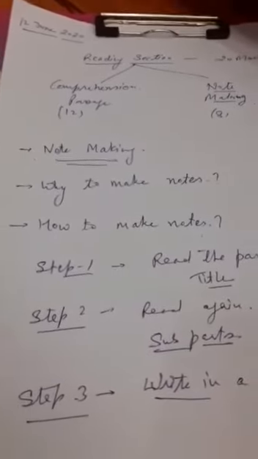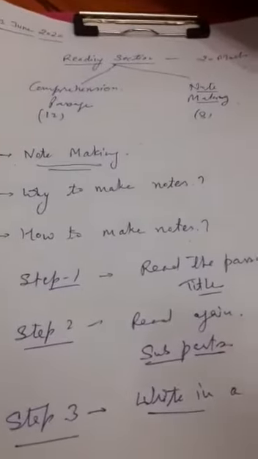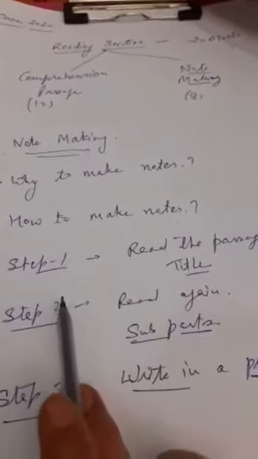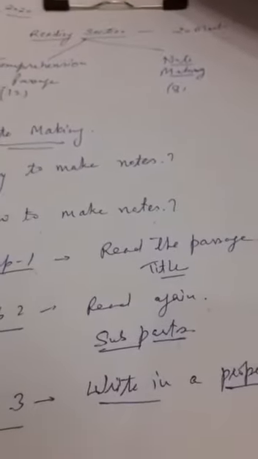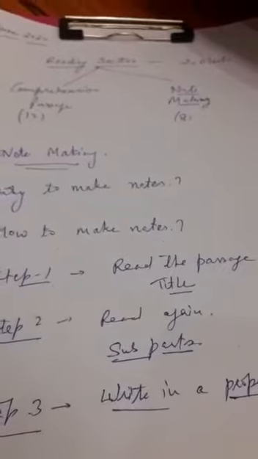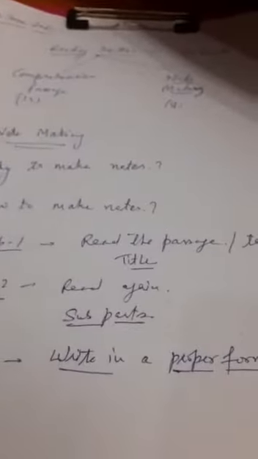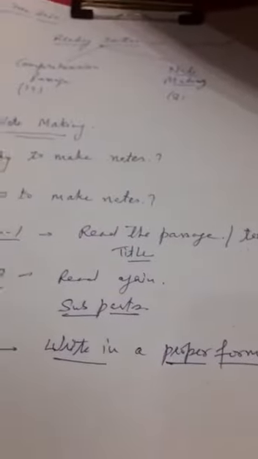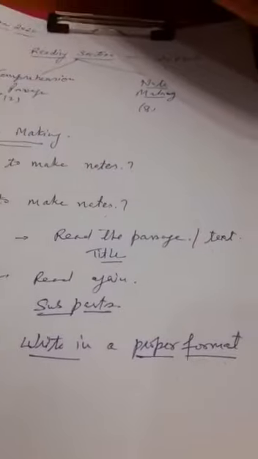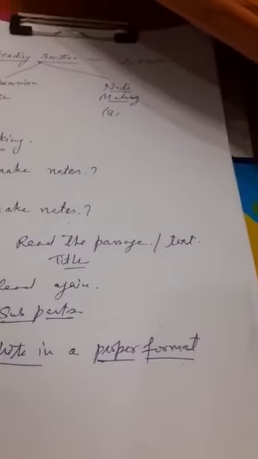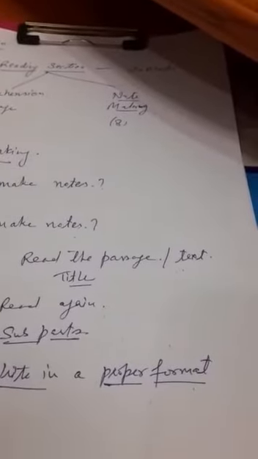And the second thing, the very important part, is how to make notes. For making notes, the first step is to read the passage, the text, that is given to you in the question. You have to go through that thoroughly, so that you are able to get the writer's view. What is the main idea behind the passage? Clear?